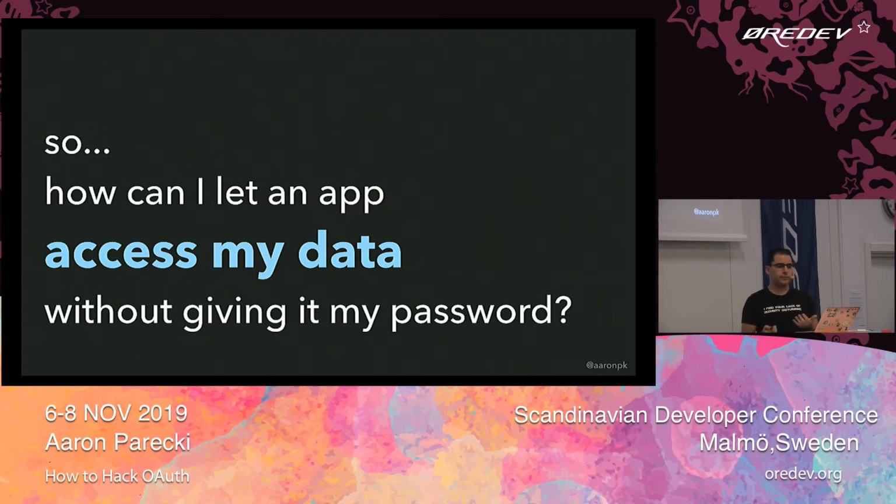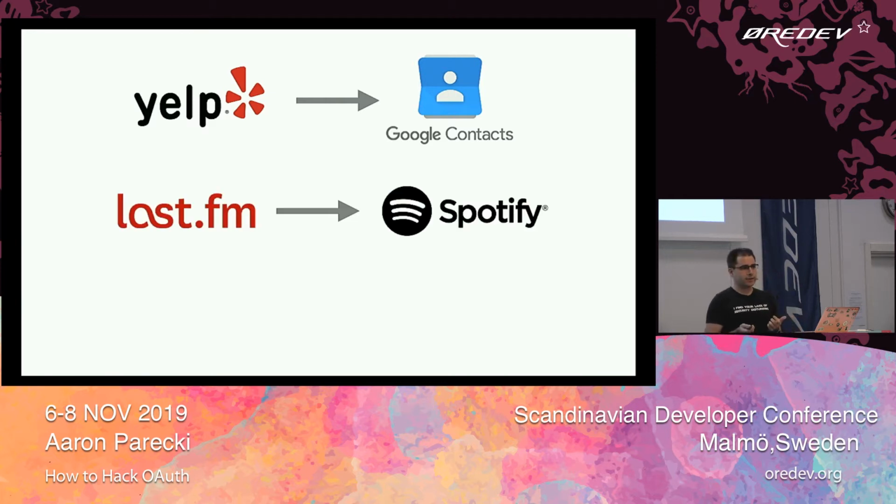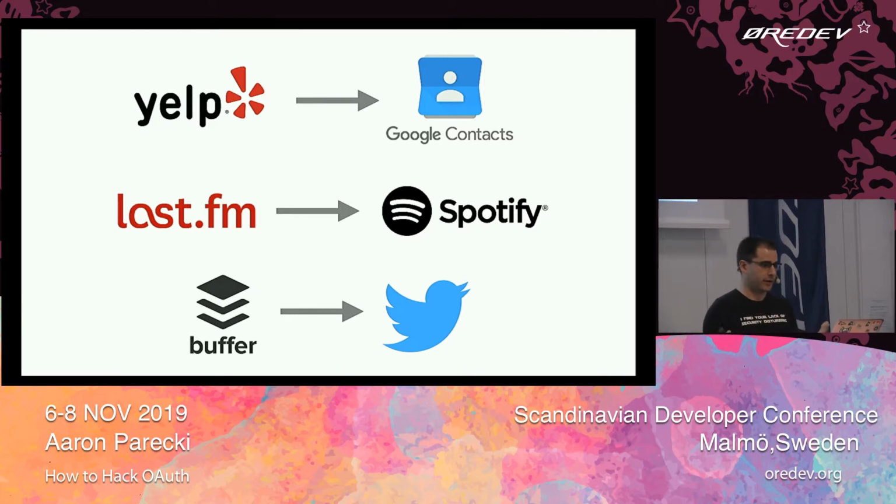And this takes a bunch of different forms. Yelp might want to access your contacts, or Last.fm wants to access your listening history from Spotify, or Buffer is trying to post to your Twitter account, things like that. So it's always about getting access to an API, some application over here accessing data over here. That's what OAuth is all about.